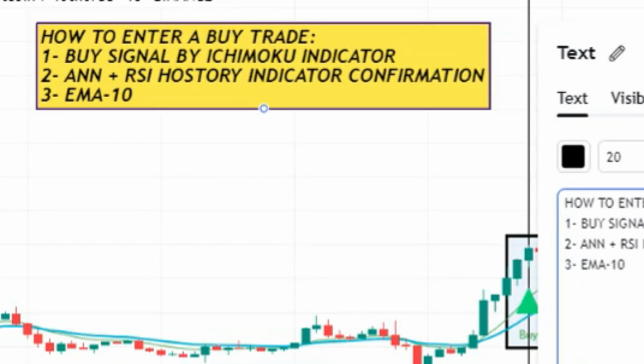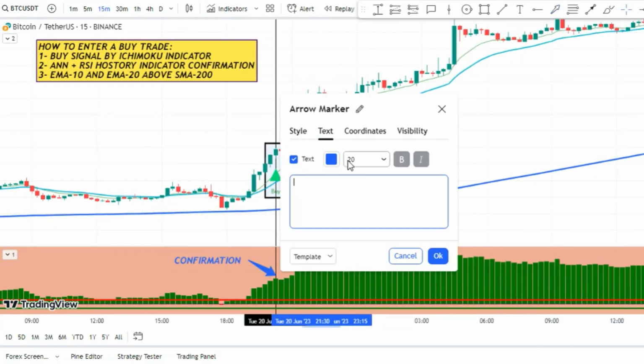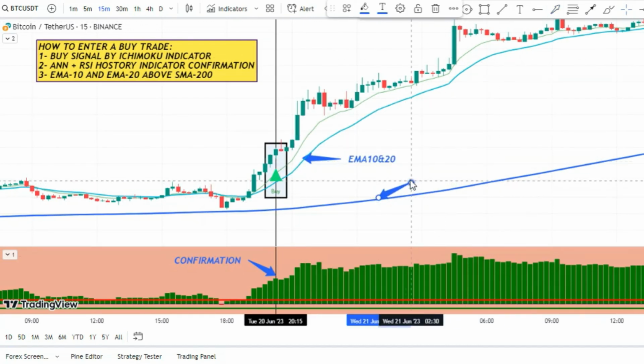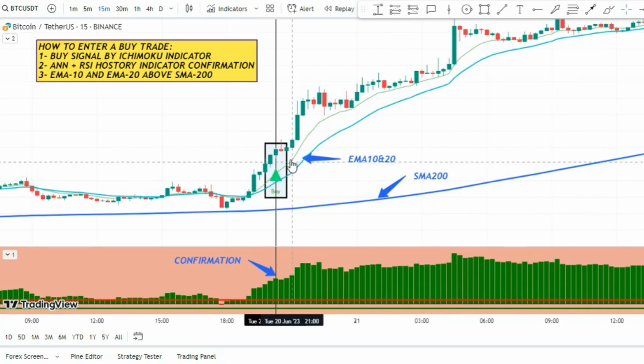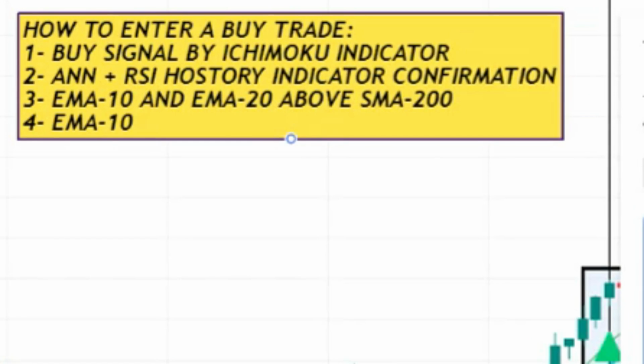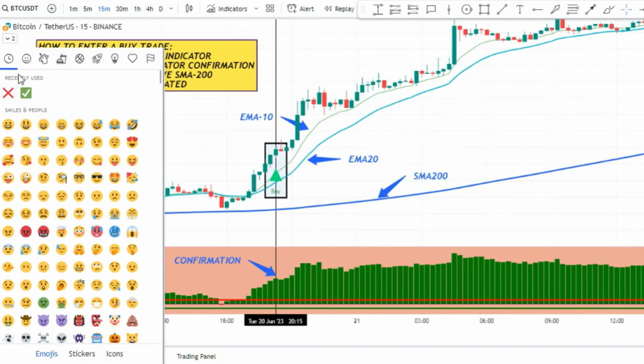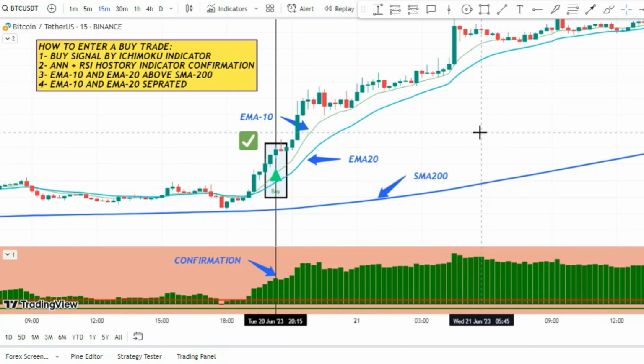Both EMA 10 and EMA 20 need to be perched above the SMA 200. And finally, the EMA 10 and EMA 20 moving averages have to be separated and not going sideways to fully stamp that buy signal as legit. So when all those boxes are checked, we're clear for takeoff.